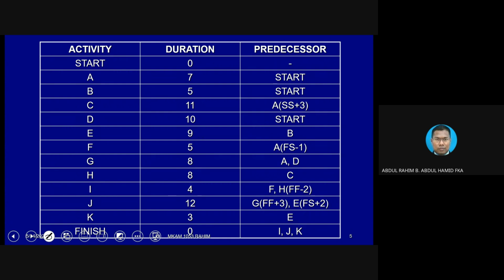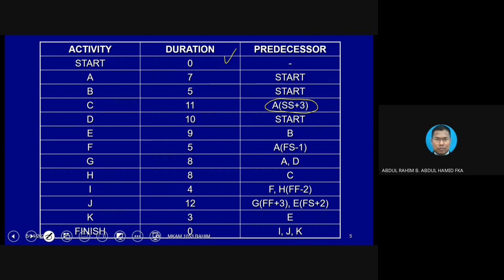You can put the boxes there first, then it is just a matter of connecting them. The durations of the activities are given, and the predecessors are given. You notice why we call this a PDM diagram, because here we have relationships other than finish to start.